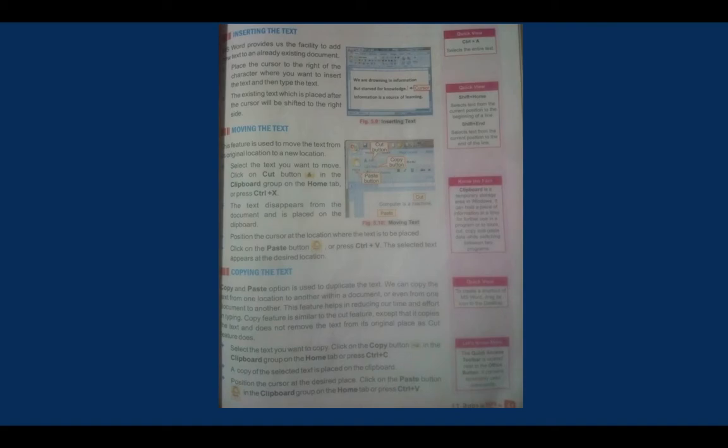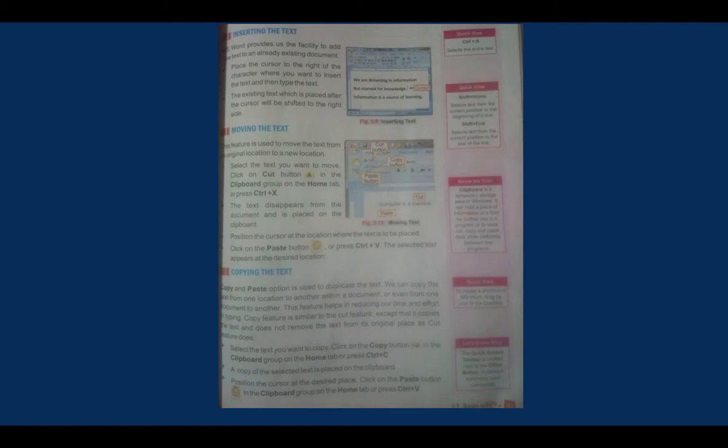Fine, clipboard. Now this feature is used to move the text from its original location to a new location. Here we see in figure 4.5.9 that the word knowledge, you want to edit at the last, but you don't want to type. What you will do is select that word.